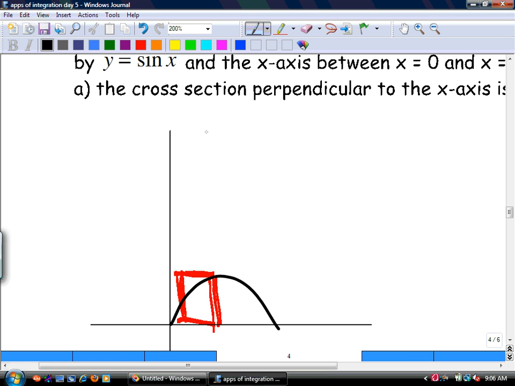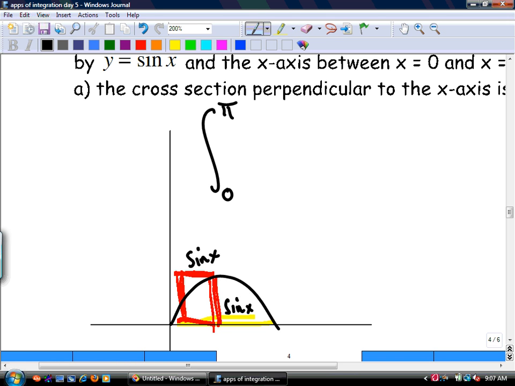So we're going to integrate from 0 to pi. And that's sine x. And that's sine x. I guess you could do f of x minus g of x here, but it'd be like sine x minus 0, because the bottom line is on the x-axis.